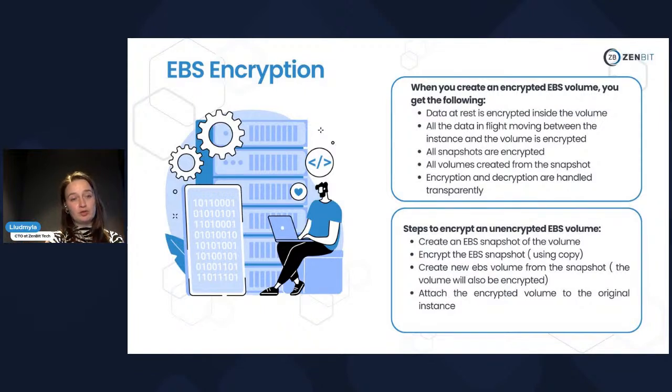When we copy, we see a different key, and it's still encrypted if you create it by default. The steps to encrypt AWS volumes are very simple. You create a snapshot of the volume, encrypt the snapshot, create a volume from the snapshot, and attach the encrypted volume to the original instance.